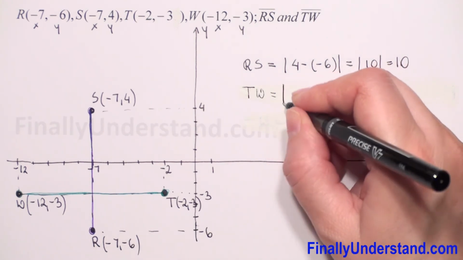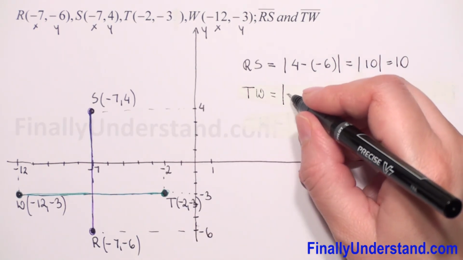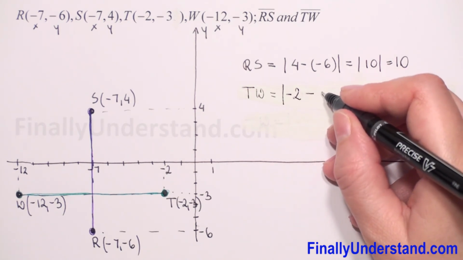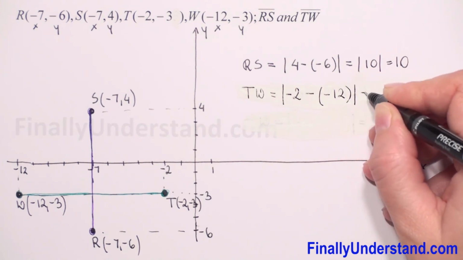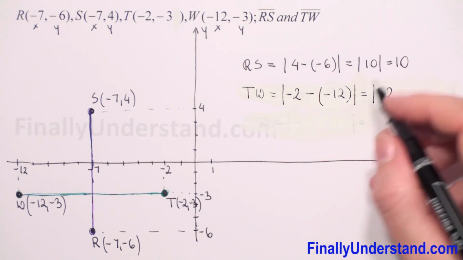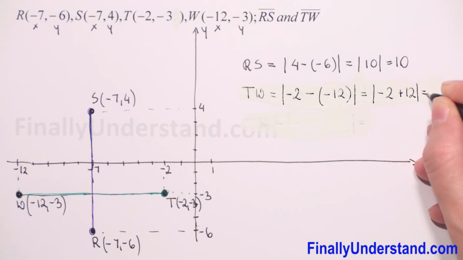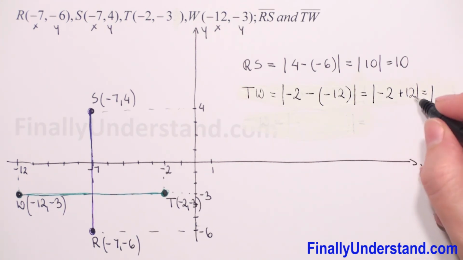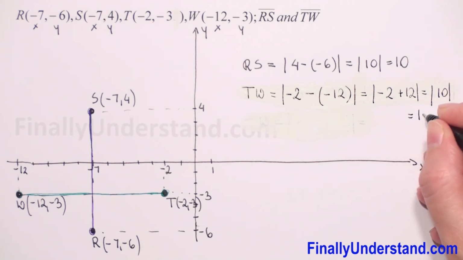So we have absolute value of the first coordinate of T, negative 2, minus, and in parentheses we have negative 12. Negative and negative give positive, so it will be plus 12. So this is equal to absolute value of negative 2 plus 12, which is 10. Absolute value of 10 is 10.